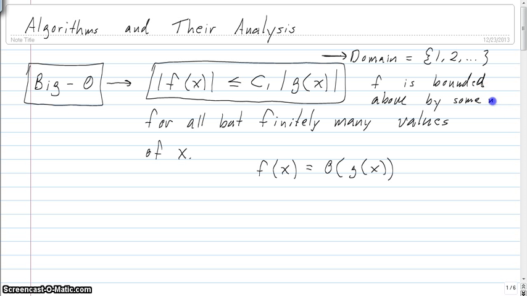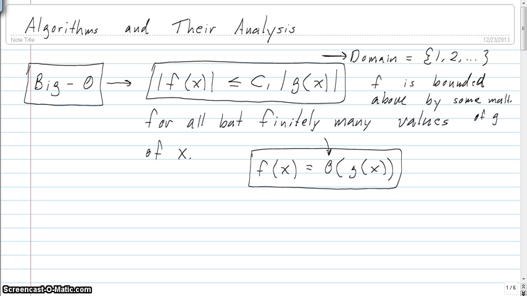Bounded above just means that that multiple of g is its upper boundary. It kind of makes sense if you think about it. It's always less than or equal to a multiple of this function. And if that is true, then what we write is that f of x equals big O of g of x.